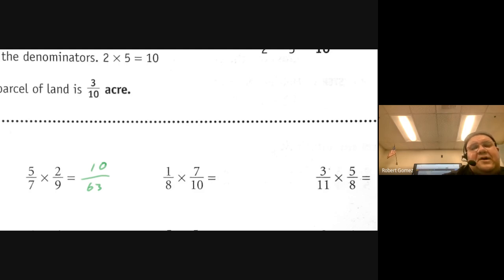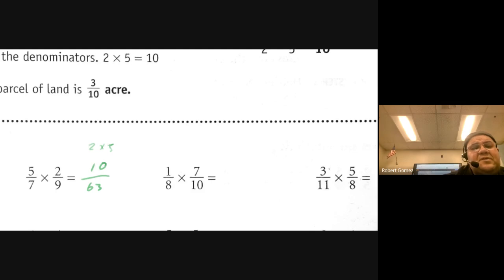Okay. Now I ask myself, well, can I reduce this? No, because for 10, our factors are 2 and a 5. And remember, 1 doesn't really count. If all you have is 1 and the same number, that's a prime number.